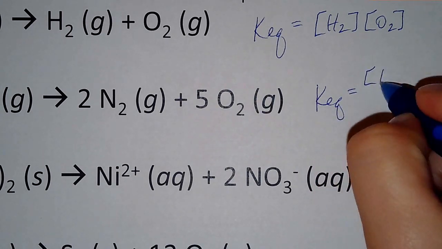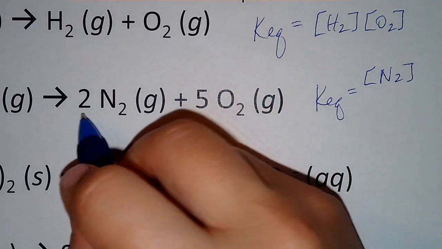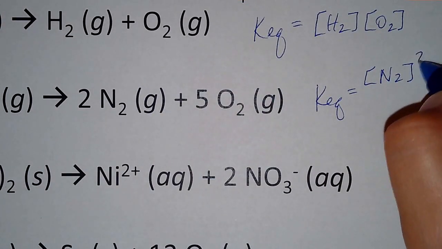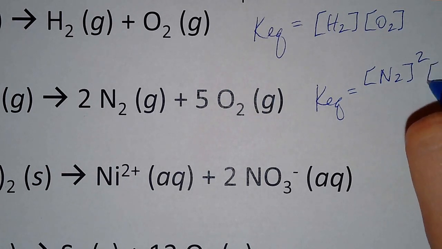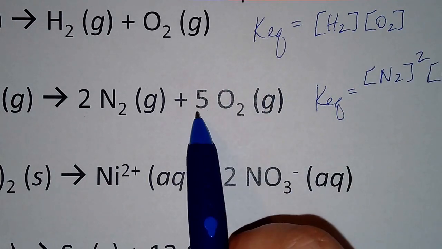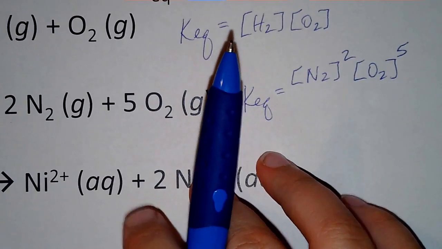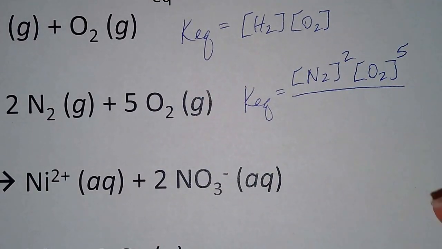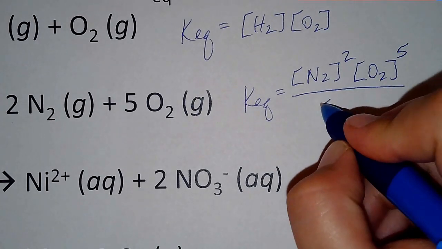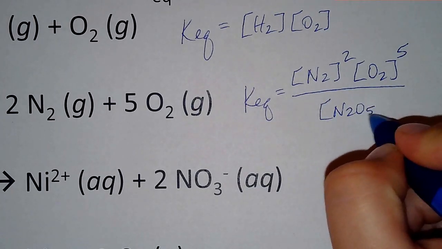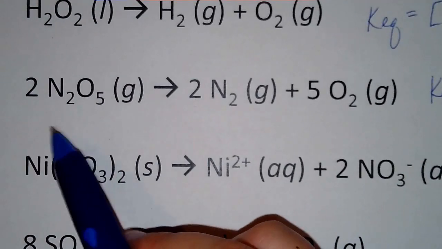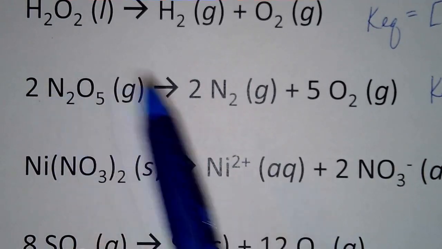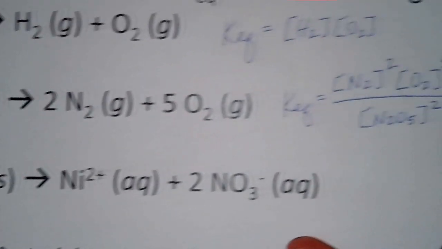So first we have N2 squared, the coefficient in front of the nitrogen becomes the exponent, times O2 to the 5th power, and all of that over our reactant N2O5 squared, because it also has a coefficient of 2. So remember, all the coefficients become exponents for equilibrium.